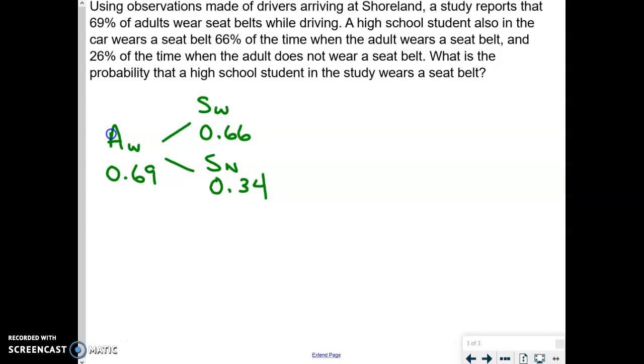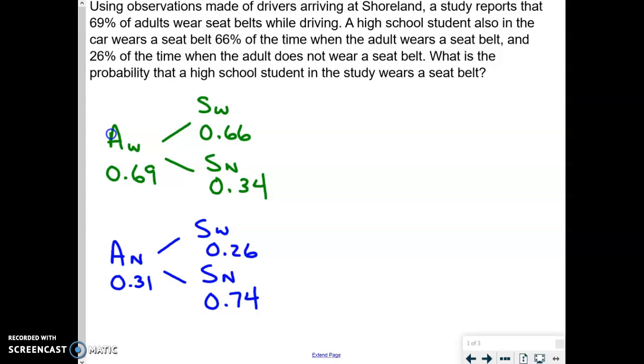Now the other part of this scenario is what happens when adults don't wear them. So I'm just going to call this adult not wearing. That would be 31% of that group. If 69% wear them, that means 31% don't. So now if we take a look back up at what we were given, it says only 26% of the students wear them when the adults don't. 0.26 for that. So students not, or what's left over, would be 0.74.